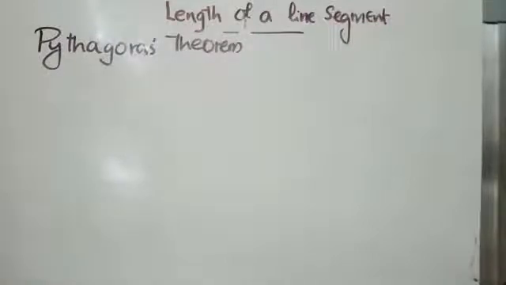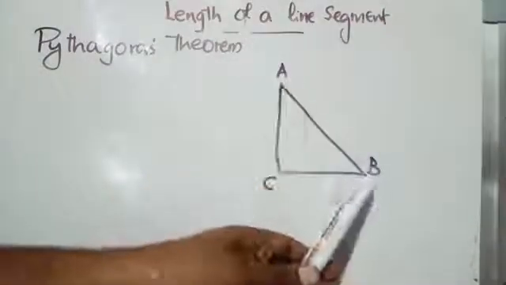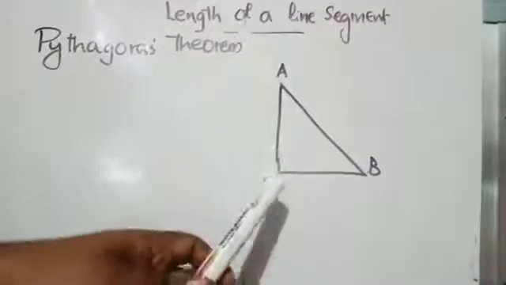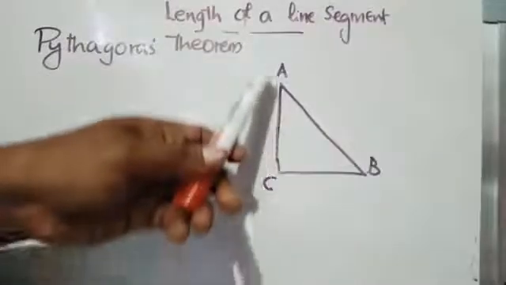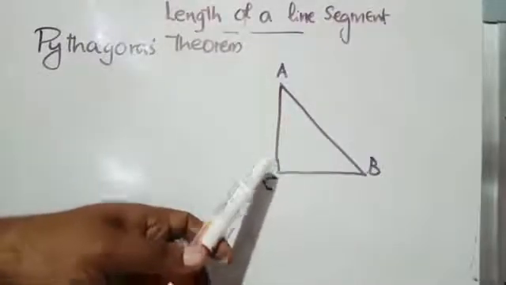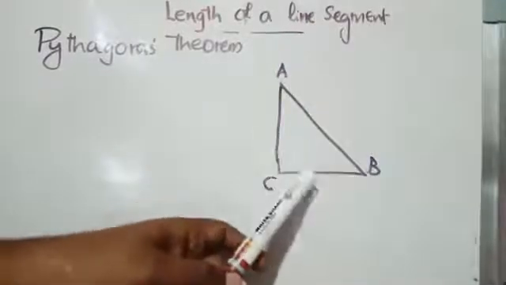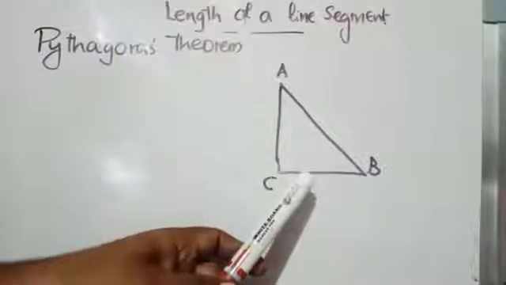When we consider a right-angled triangle ABC, BC is the base, AC is the height, or AB, AC and BC are the sides.